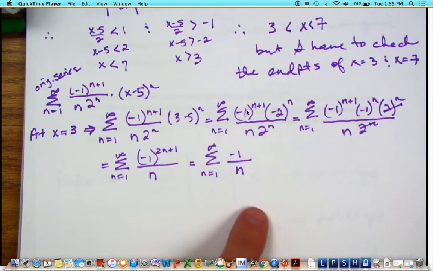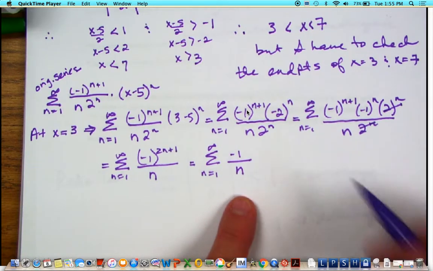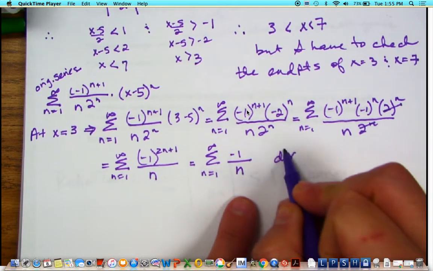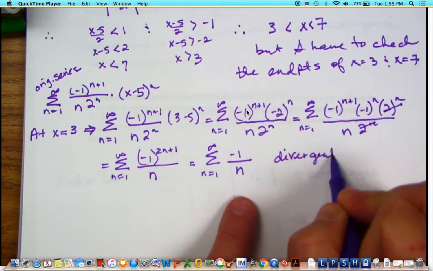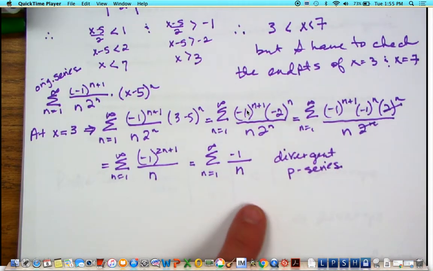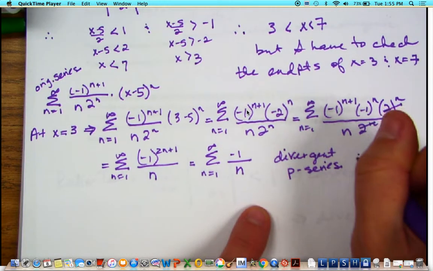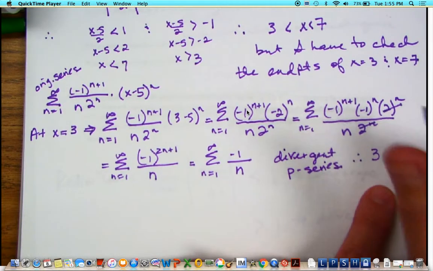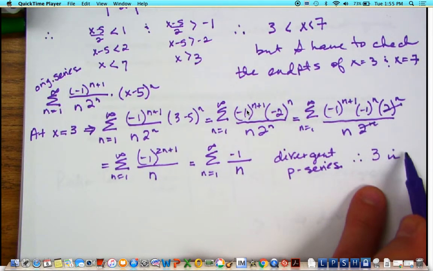That is a divergent p-series. Therefore, 3 is not included.